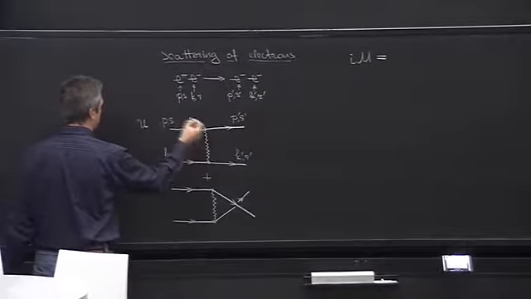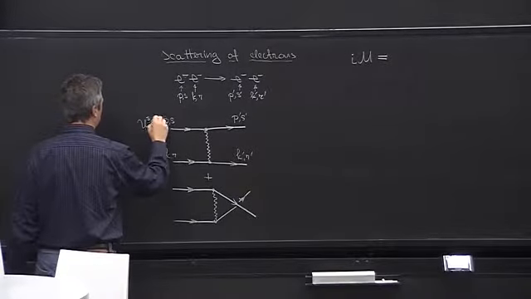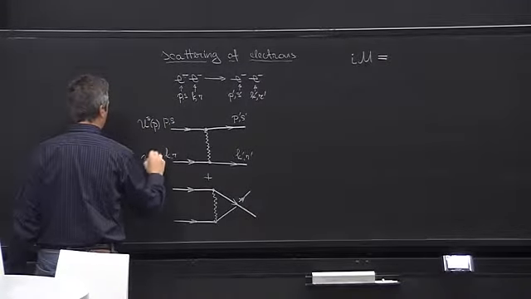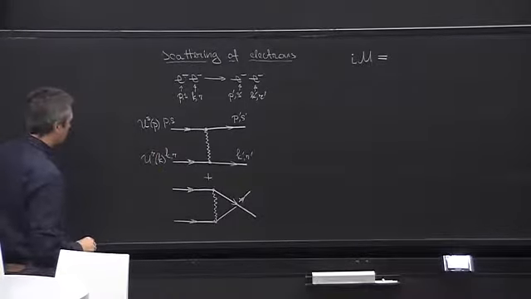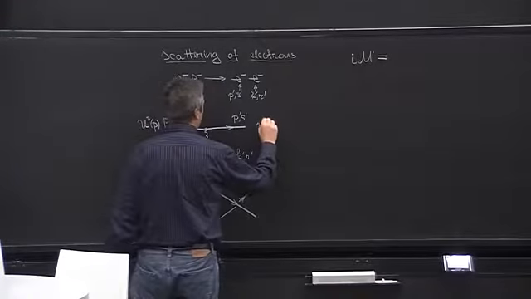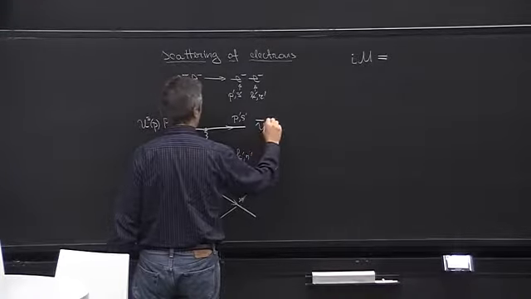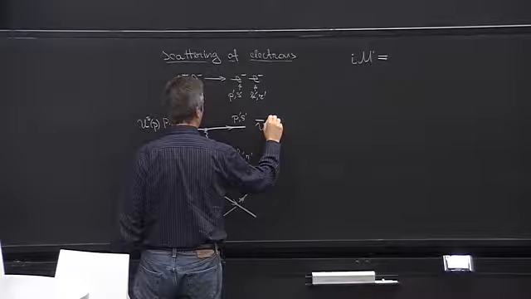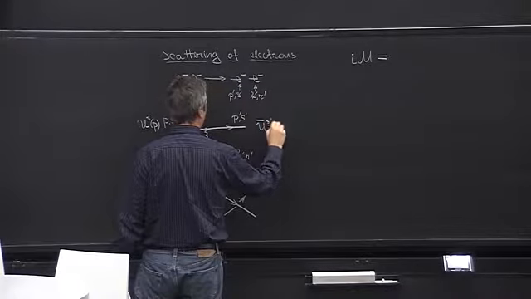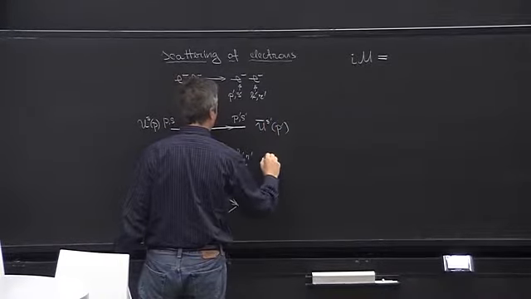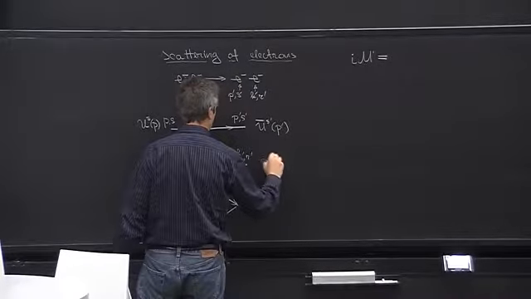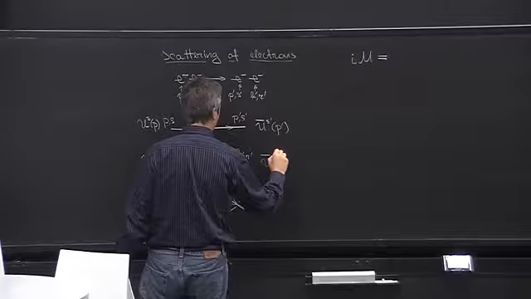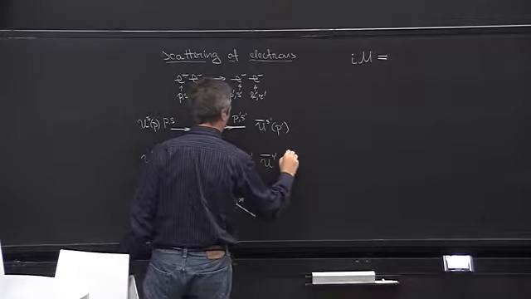So initial and final states correspond to the wave functions of the electron. And so in the final state, the functions will be U bar S prime of P prime, and this will be U bar R prime of K prime.